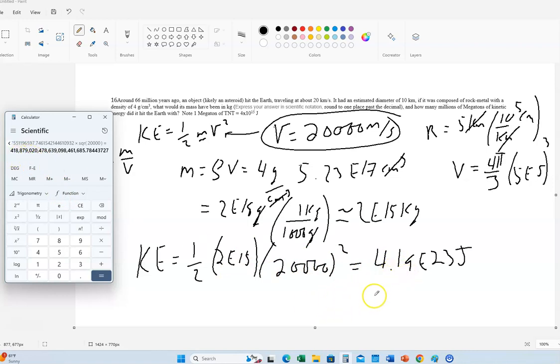I have to finish this quickly. This number of joules is roughly 4.19 times 10 to the 23rd joules. That's what this number is. Divide that by 4 times 10 to the 15th. This will be the number of megatons.